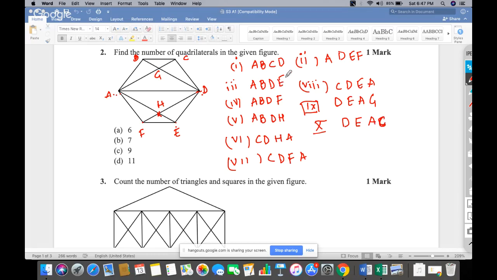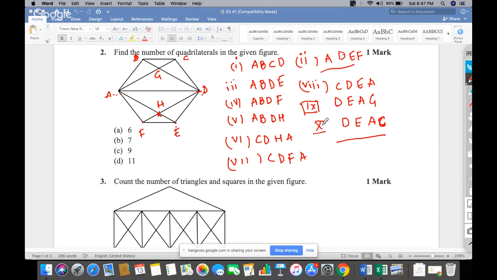Is DEAC included anywhere? No. So these are the three things. The next one can be DEAF, which I have written over here.